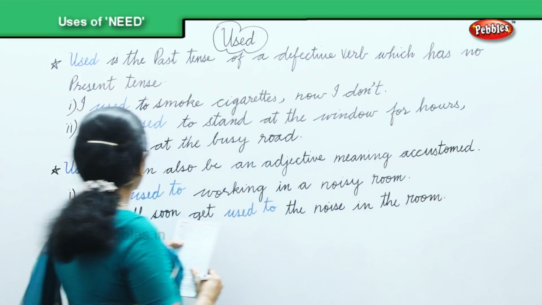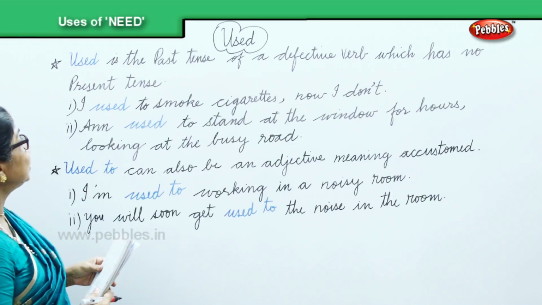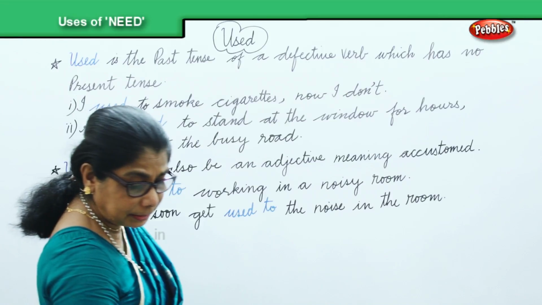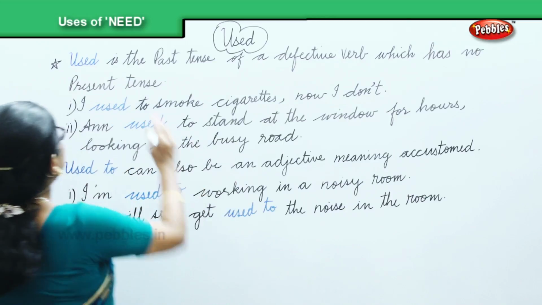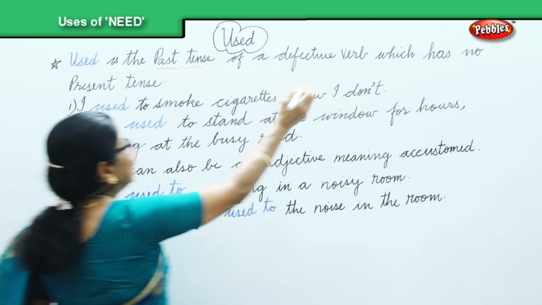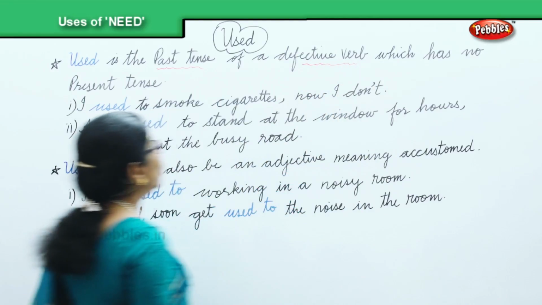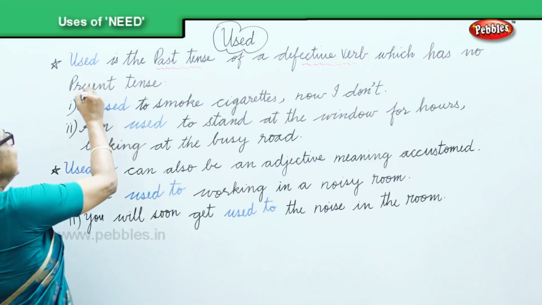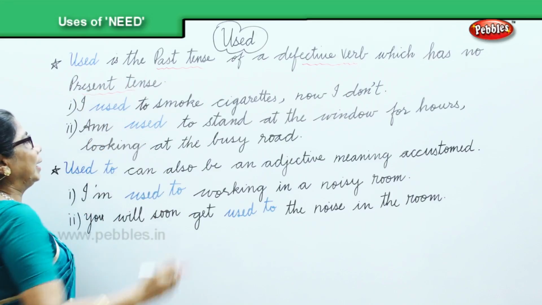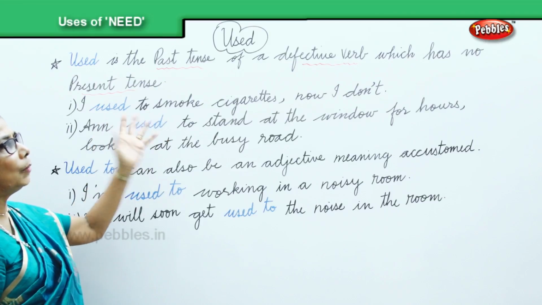Now, let's look at that. Used is the past tense. This used is the past tense of a defective verb which has no present tense. That's what we're looking at. I used to smoke cigarettes, now I don't.